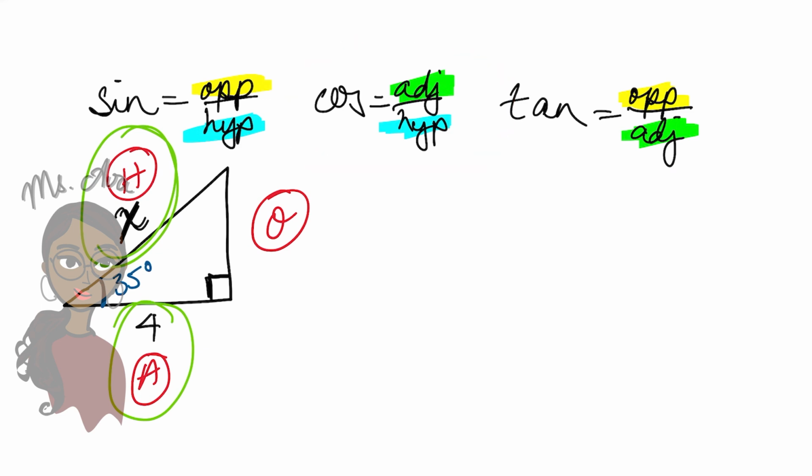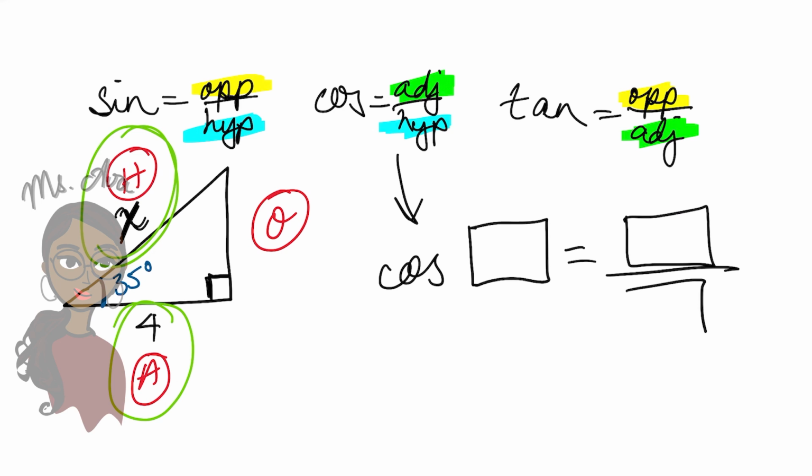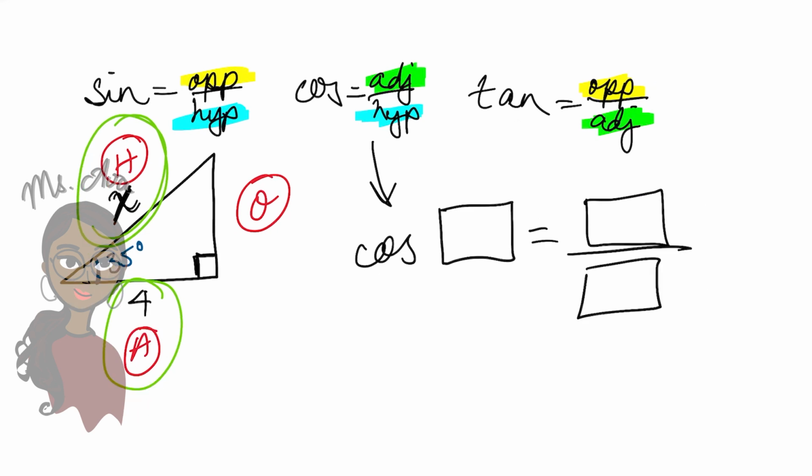So the way these work is you're going to have cosine, and then a blank equals a blank over blank. These are the 3 places where you can fill something in. The angle is the one that goes in here, and the other 2 are the ratios, adjacent and hypotenuse in this case.